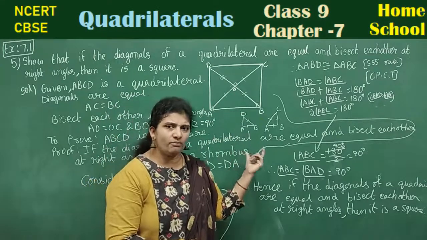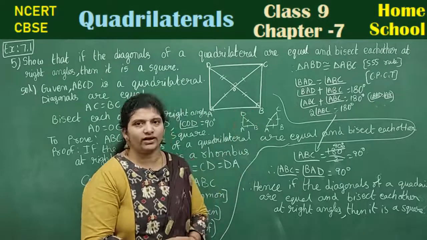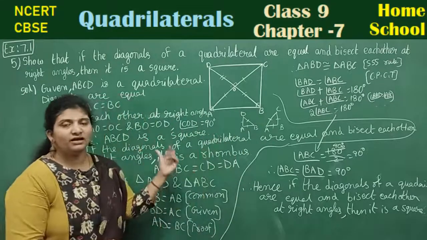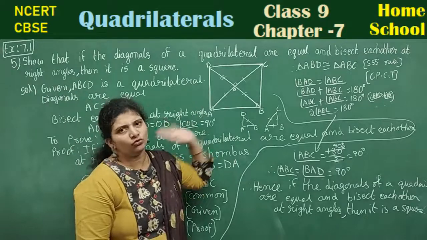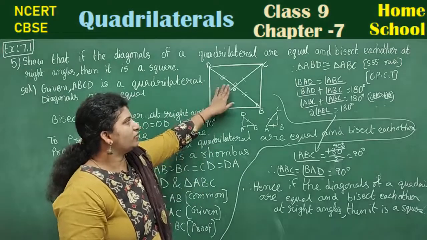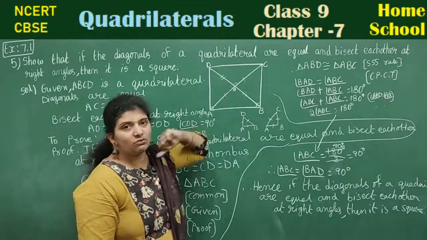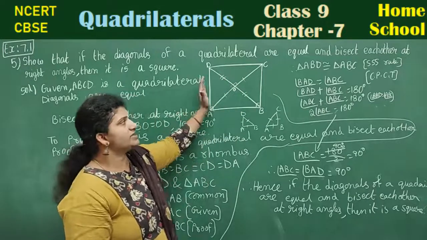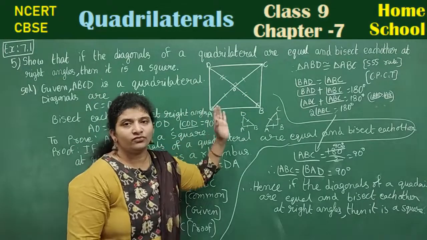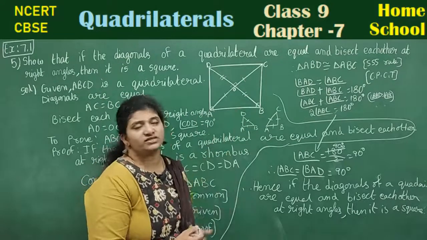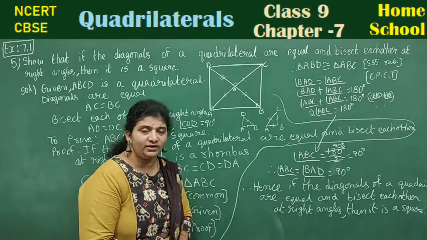If it is a rhombus, all sides are equal. Then write that statement and now compare any two triangles, such that you take this triangle and this triangle. Common base, diagonals equal. According to rhombus, these sides are equal. Therefore, by SSS congruency rule, the two triangles are congruent.